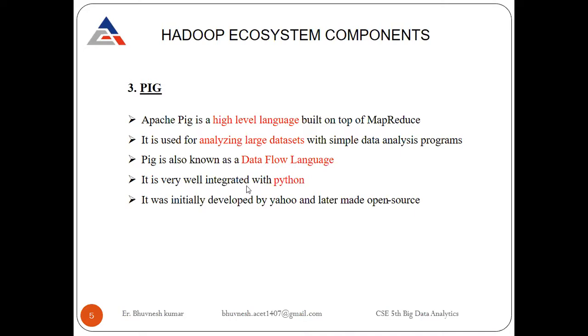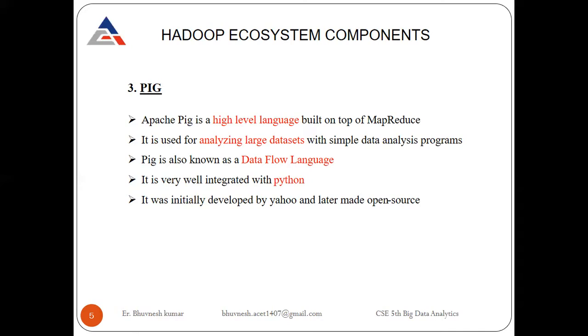It is very well integrated with Python. This Pig Latin is integrated with the concept of Python. That is why it is a scripting language. It was initially developed by Yahoo and later made open source. And Pig is used for processing your data. This is the main point.